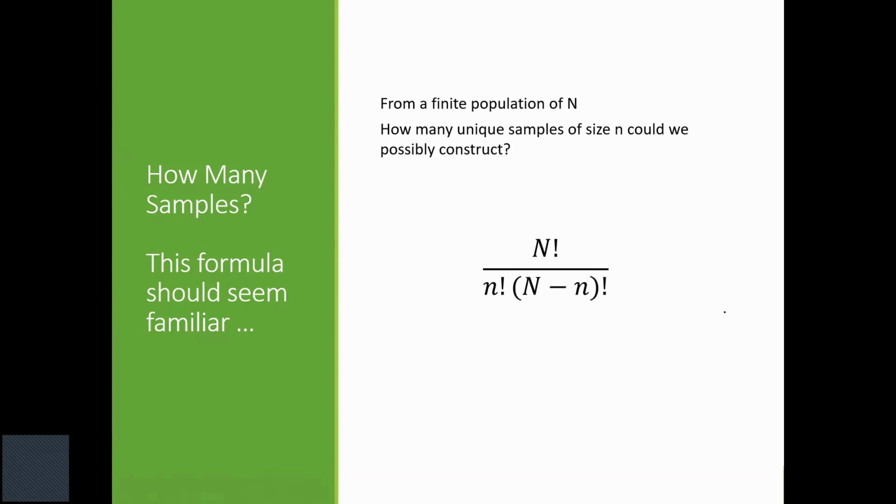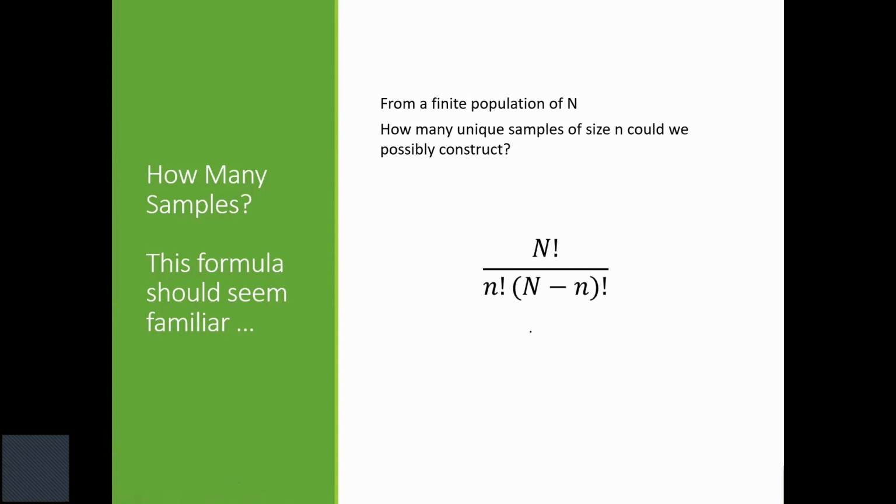So first of all, if we talk about sampling, we could ask, how many samples of a certain size could we take from a larger but finite population of size capital N? Okay, so how many unique samples of size little n could we construct? And this formula should seem familiar because this is basically the front piece of the binomial distribution.